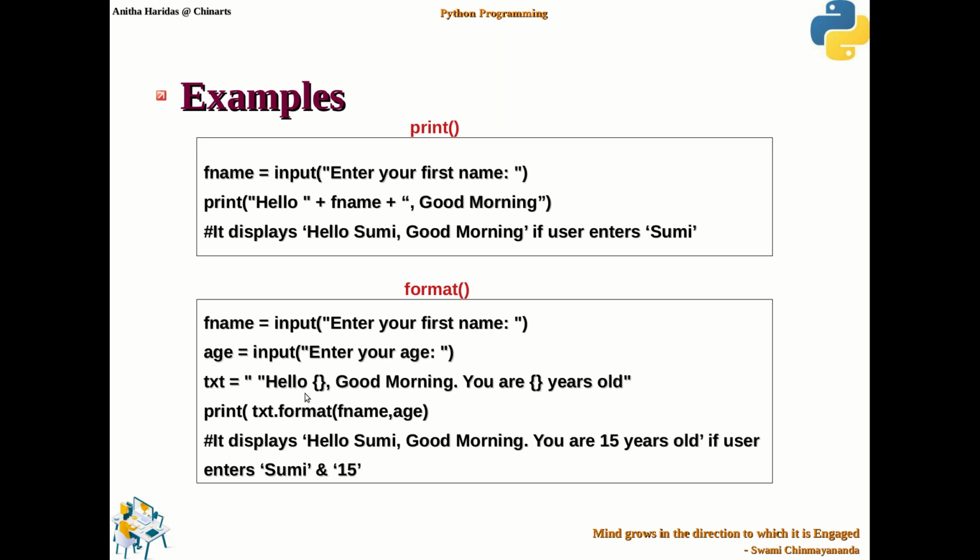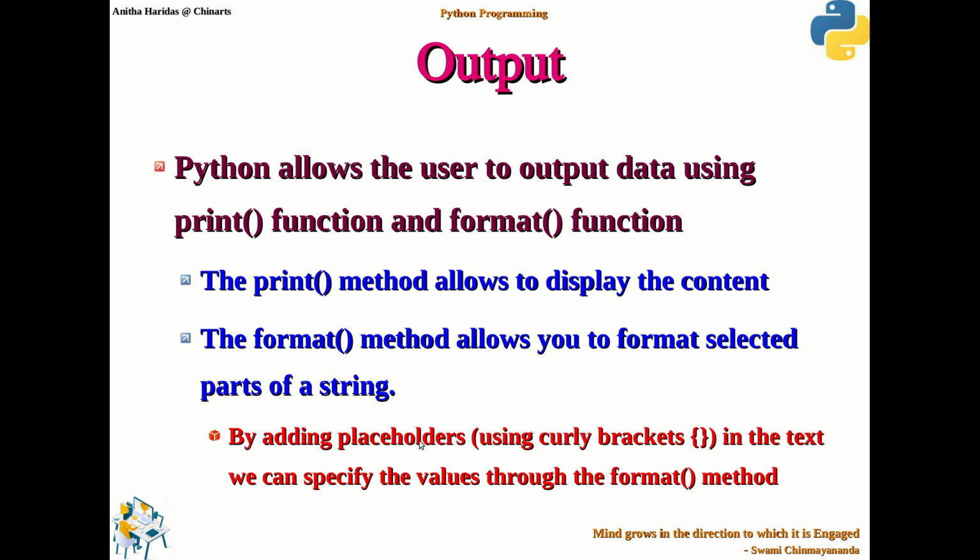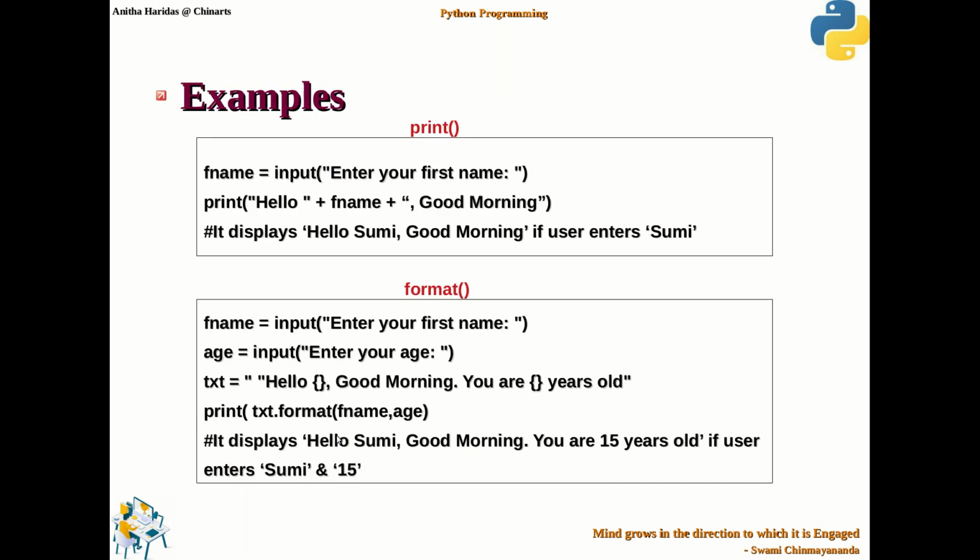and I am going to give the formatting like this. You can observe I am using curly braces here. This is what you call the placeholder. We can have a format string where we specify some placeholder, so that means I need some value to be displayed here.